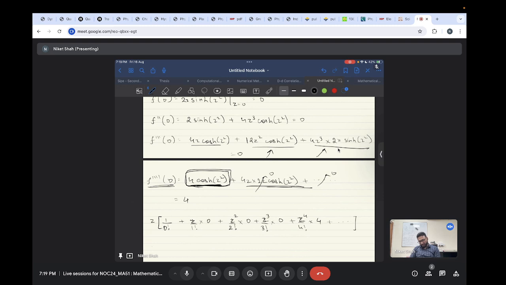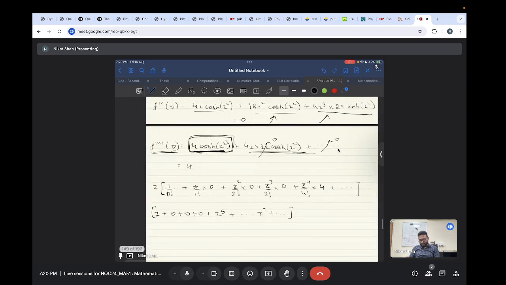So that is basically z plus 0 plus 0 plus 0 plus z power 5, plus more terms like that, and then z power 9. Sorry, there are some constant terms here, of course: z power 5 by 3 factorial 6, z power 9 by something, whatever we'll get, some coefficient.